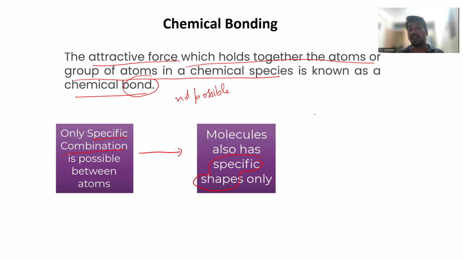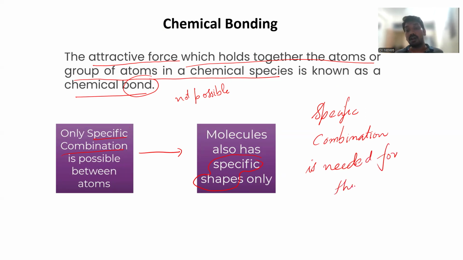So a specific combination is needed for bond formation, and this bond formation leads to molecules with a specific shape.